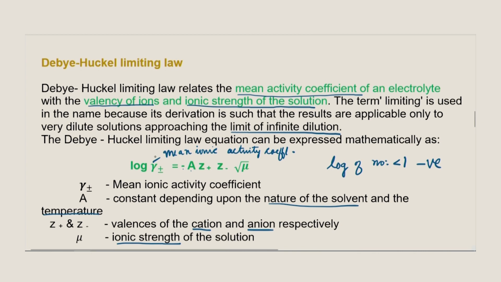To show that, it is written as log of gamma plus minus, the mean ionic activity coefficient, which will be less than 1 in most cases, and equal to 1 when the solution is ideal. So, this expression can be used for explaining the deviations from the ideal condition of any electrolyte, but there is again one condition, it is applicable at lower concentrations only. So, it is very important, do not forget the negative sign.